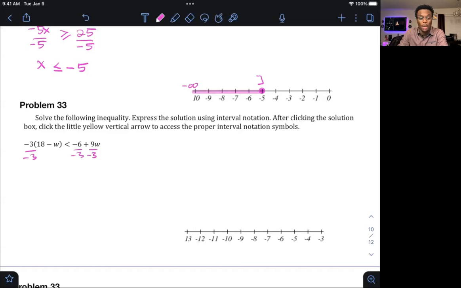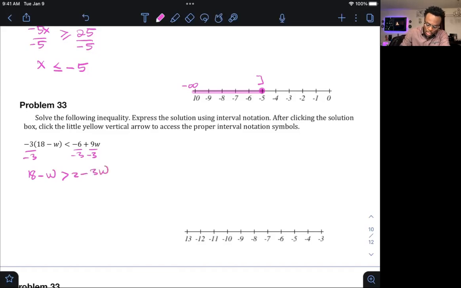You would get numbers that are smaller, less chance for you to make mistakes. So we divide both sides by -3. So that's 18 minus W, and since we divided by a negative number, we swap the inequality to greater than. That is 2 minus 3W.